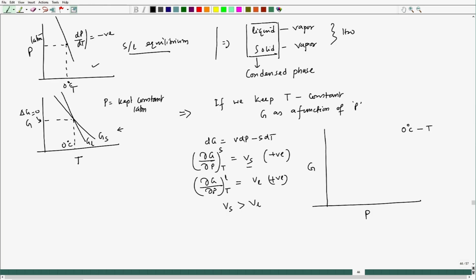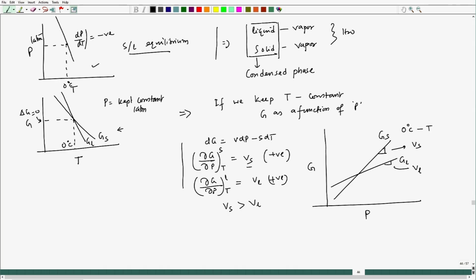So, when I see the G versus P plot for solid and liquid, both have positive slope. Let me draw the solid: this is G S, and the slope is nothing but V S. Now, let me draw the liquid. The liquid slope should be less than the solid slope, so the liquid line would be like this. This is G L, and here the slope is V L, the molar volume of liquid, and the other one is the molar volume of solid.